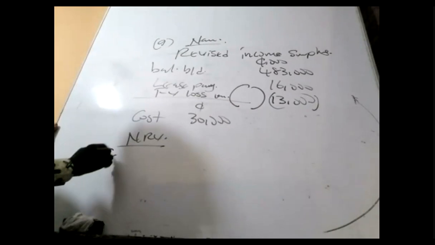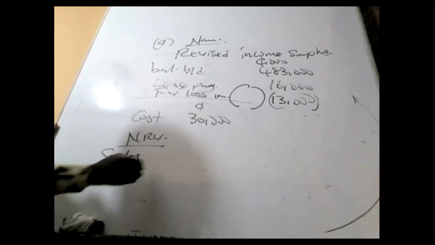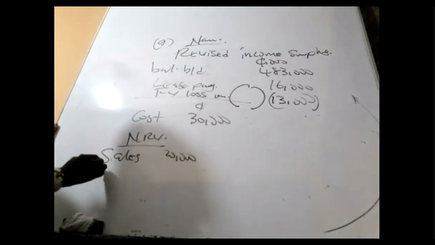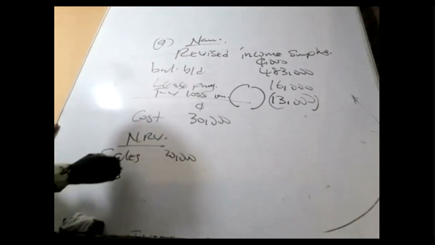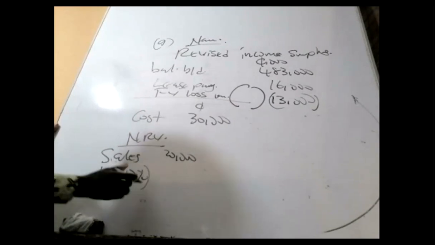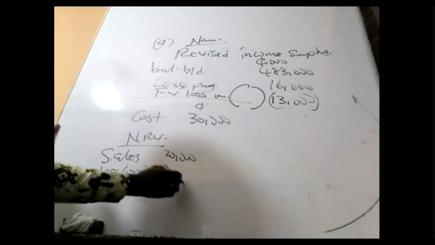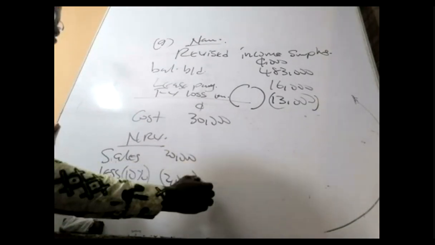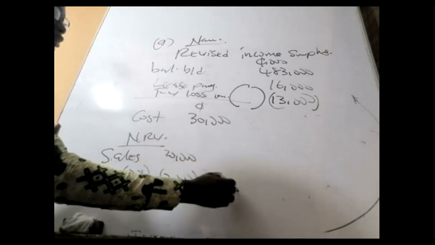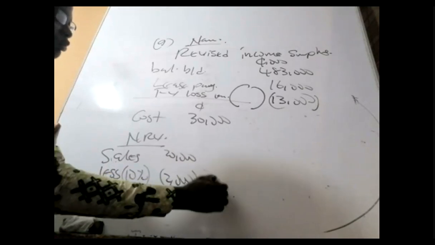Let's find the NRV. The selling price is 20,000. Less sales commission of 10%. Calculate 10% on the 20,000, you get 2,000. Take it off, and NRV is worth 18,000.